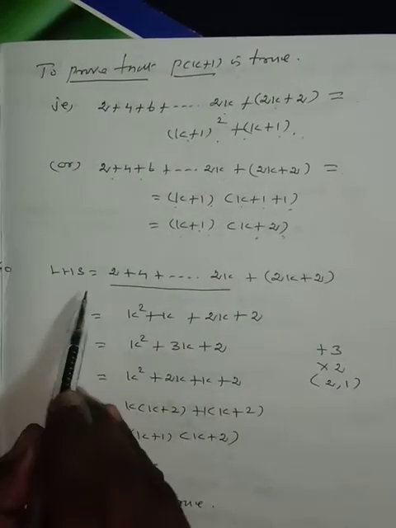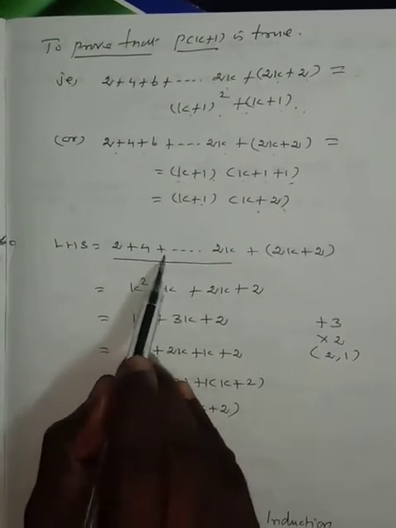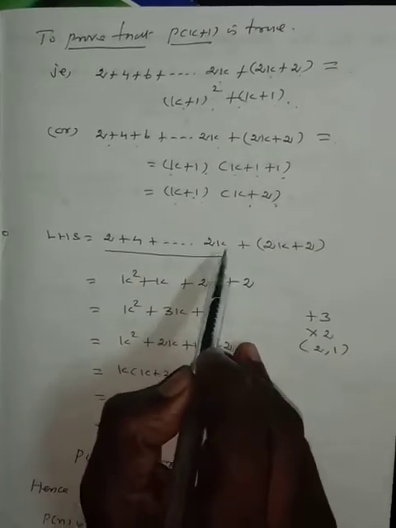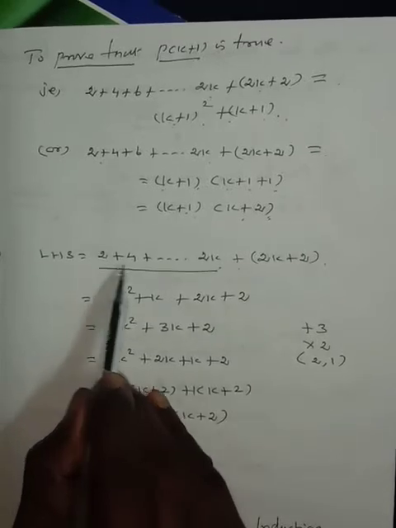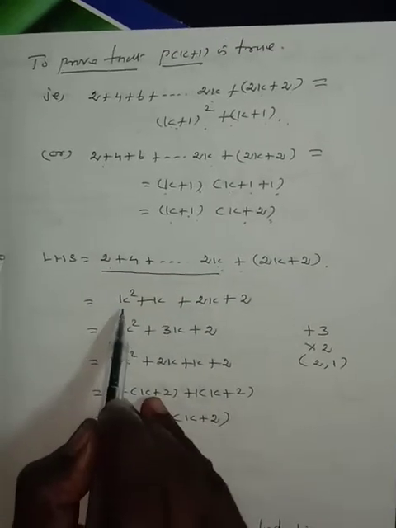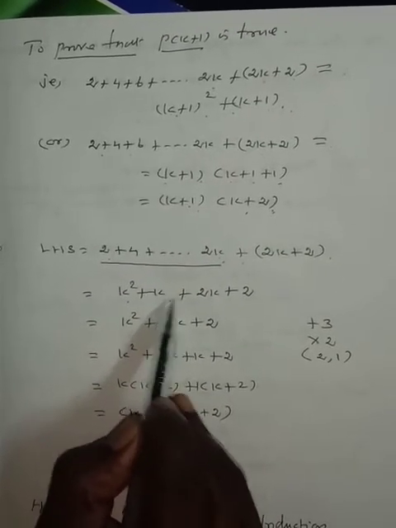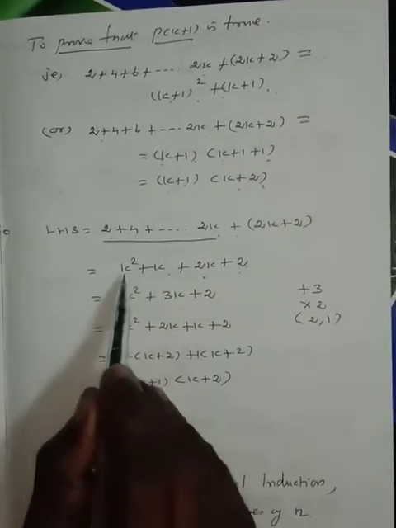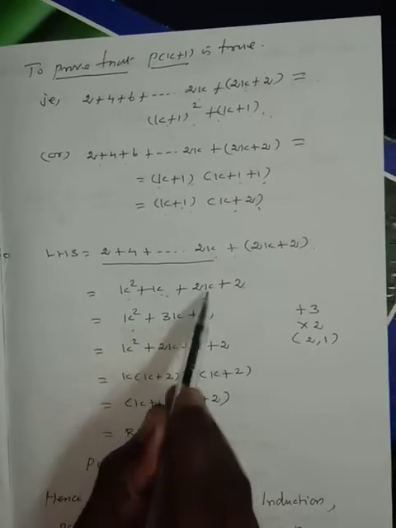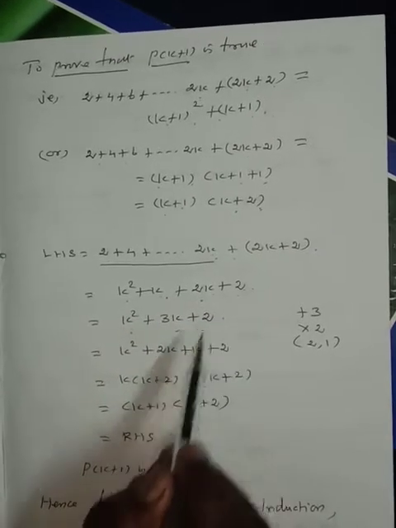Factor. LHS is equal to 2 plus 4 plus and so on to 2k plus 2k plus 2. Now 2 plus 4 plus and so on to 2k is k square plus k, plus 2k plus 2. This means k square, k plus 2k is 3k, plus 2.